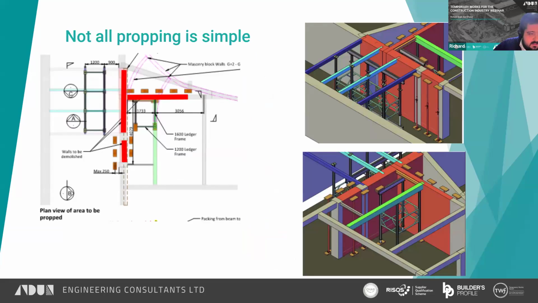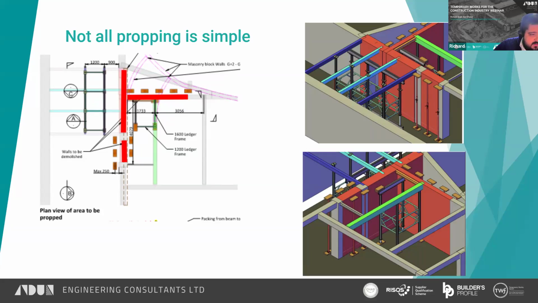And this is a not so simple aspect of the propping. You can see we're taking out that red wall in the picture there, and that had many different complications to deal with in the propping. So you have 4 different floor arrangements.